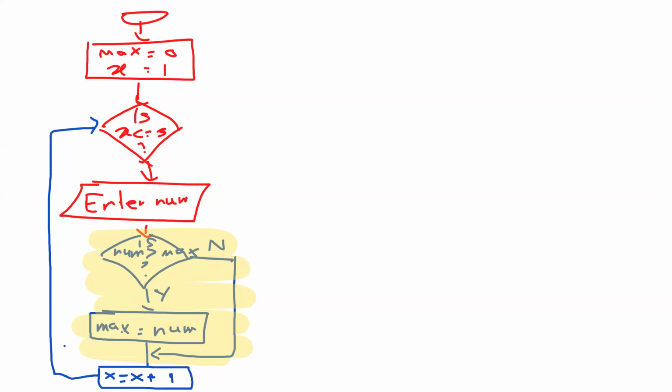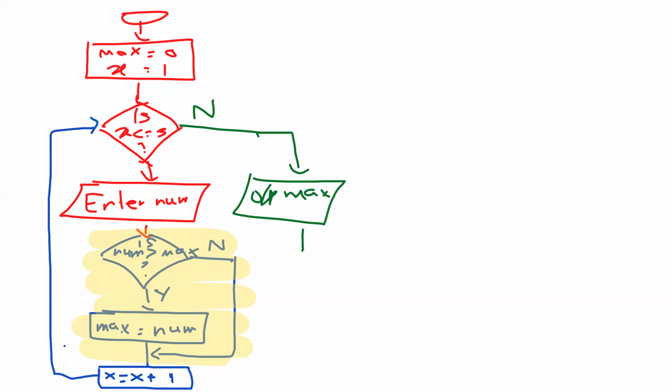So when you go to the next round, your max is updated. Very good. In this way, 3 times it will be executed. Then when the condition becomes false, you go down. Now you can display the output, max, and finish this.